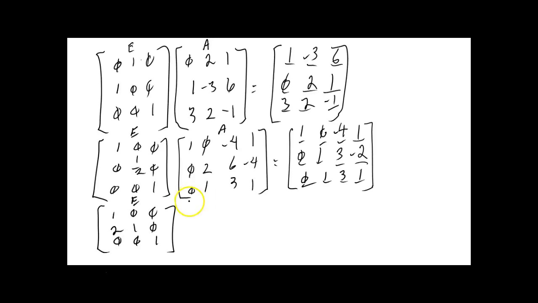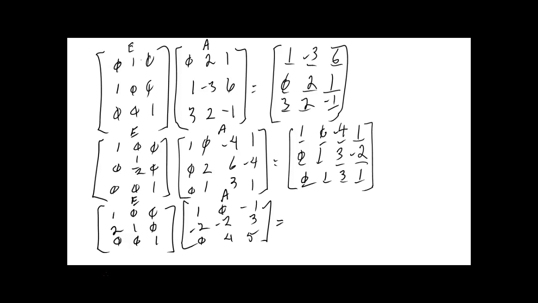Yeah, it is. Now here's a matrix. Here's a 1, 0, -1, and here's a -2, -2, 3, and here's a 0, 4, 5. That's just any old matrix A, right? But it is a matrix you can multiply by that elementary matrix because it was a 3 by 3. This is a 3 by 3.